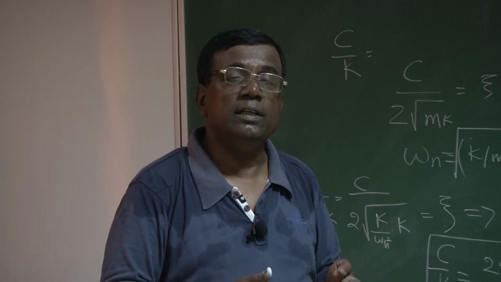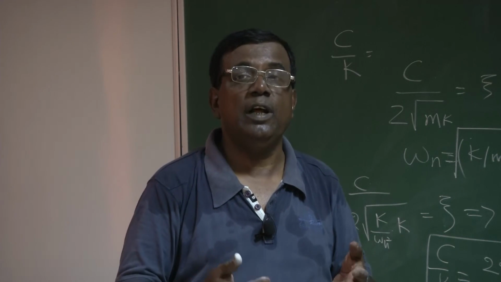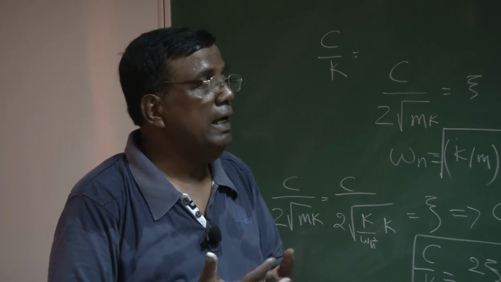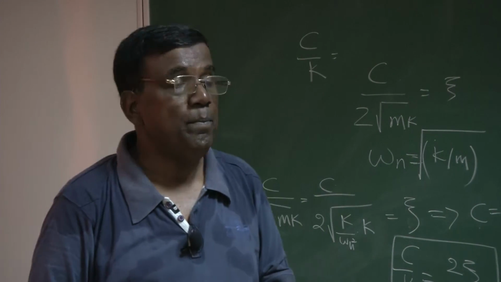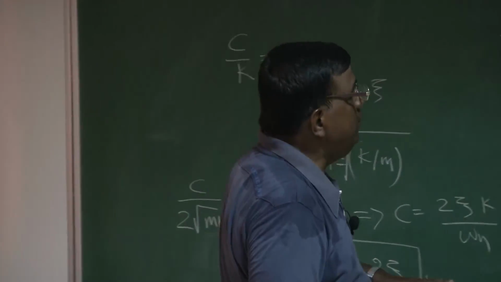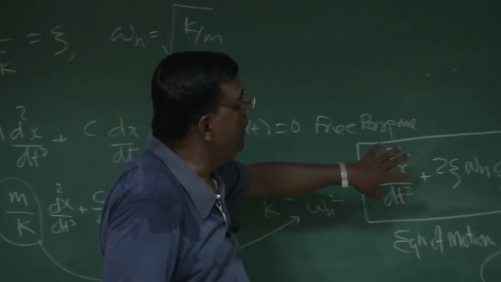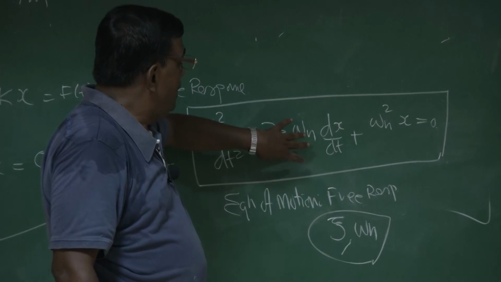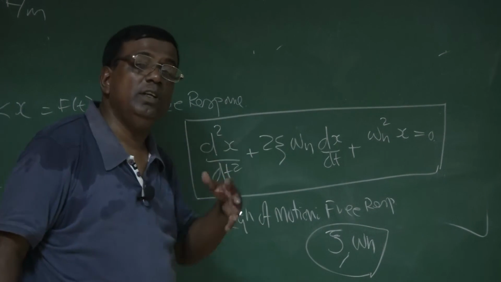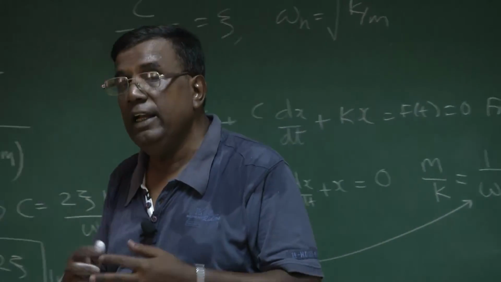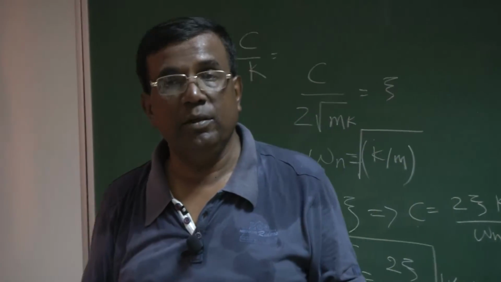We define damping ratio as the ratio of actual damping to critical damping, and natural frequency as the frequency of oscillation when damping is 0. The most important part is, why go from this form to this? Because zeta omega n and zeta into omega n will be exhaustively used to define the handling quality requirements.